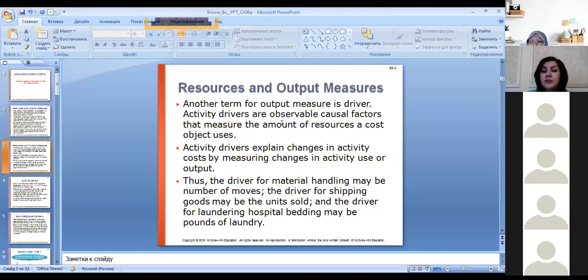The driver for shipping goods may be the units sold, and the driver for laundering hospital bedding may be pounds of laundry. In other words, for example, there is an ordering cost. What are the ordering costs? There is an ordering department, and it has employees who deal with the orders.